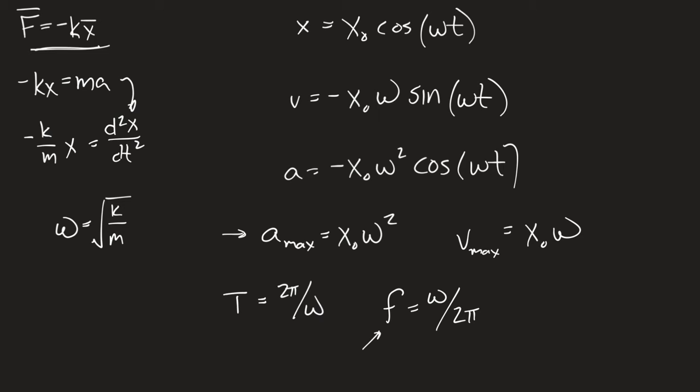The spring mass example is the model upon which all other simple harmonic motion is based. So once we've created this model, anytime we have a restoring force that's linear, you just plug in whatever the value is for k everywhere here, and you get a new set of relationships for that particular system.